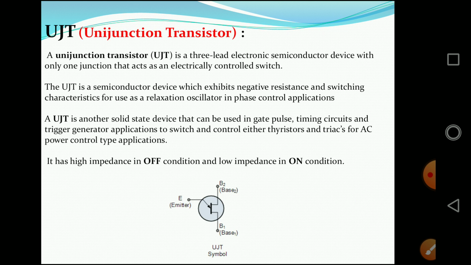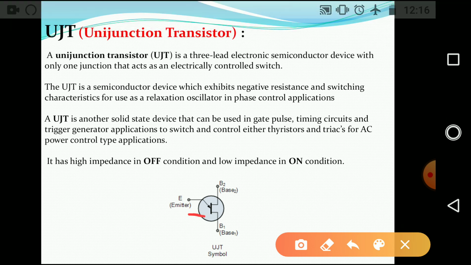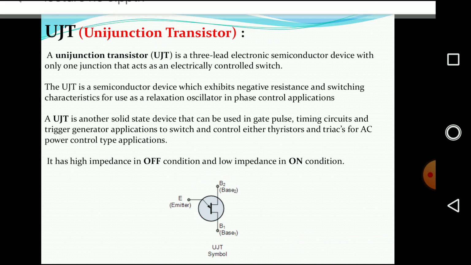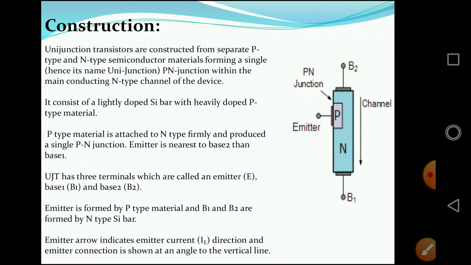In the symbol we can observe that the arrow is on the emitter terminal and the emitter is near the B2 terminal. The arrow indicates the direction of current flow in a UJT.